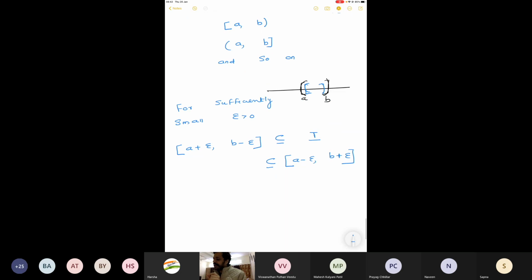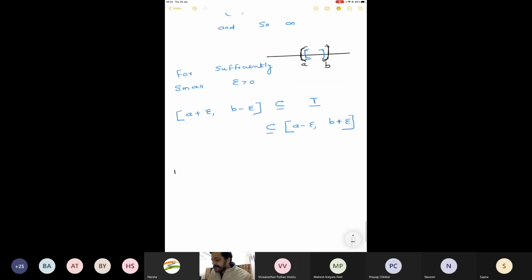Now I can apply monotonicity, which you have already proved. M star of [A plus epsilon, B minus epsilon], closed interval, will be less than or equal to the Lebesgue outer measure of I, and that will be less than or equal to the Lebesgue outer measure of [A minus epsilon, B plus epsilon]. Now you can use case 1.